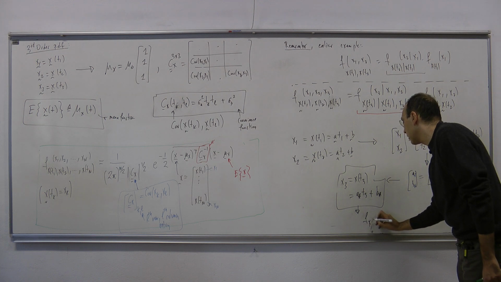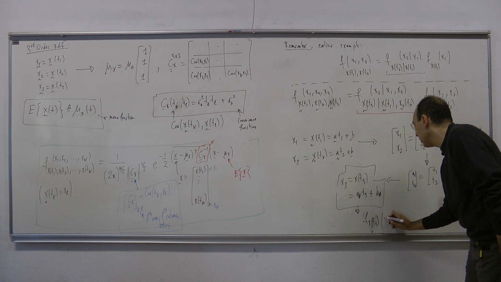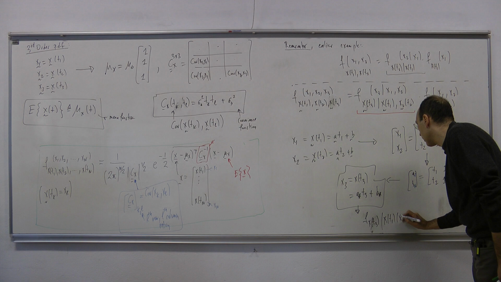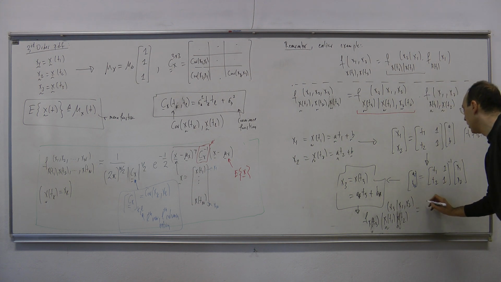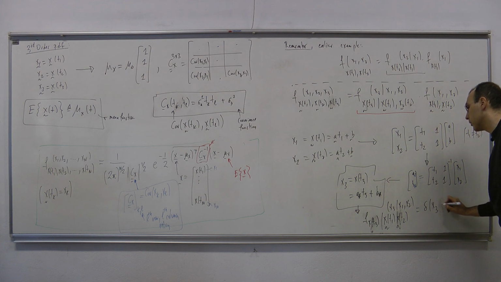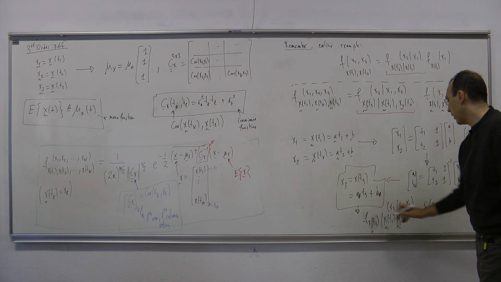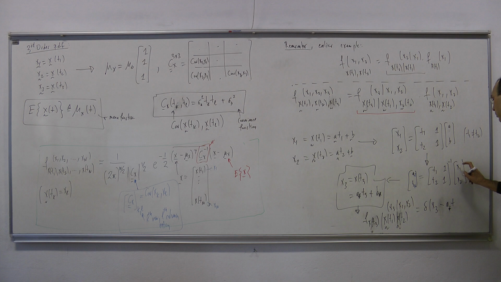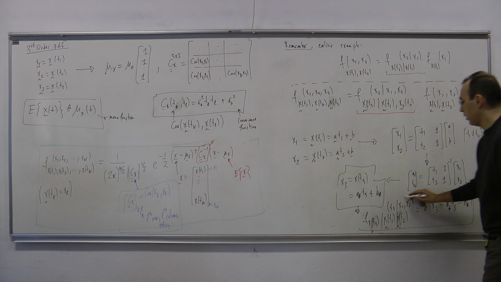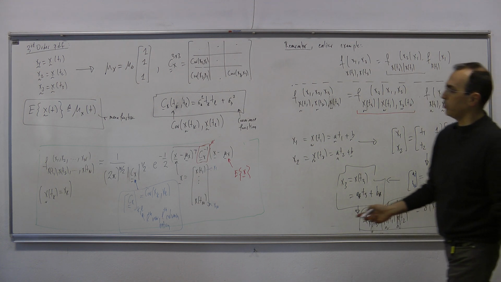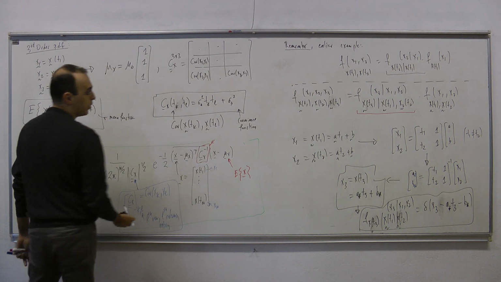X3, so x at T3 given X at the T1 instant and T2 instant, X3 given X1, X2 is a Dirac delta, minus A star, which I can calculate from X1, X2, T3 minus B star. So this is not a Gaussian distribution because it's just an impulse, as you see over here.